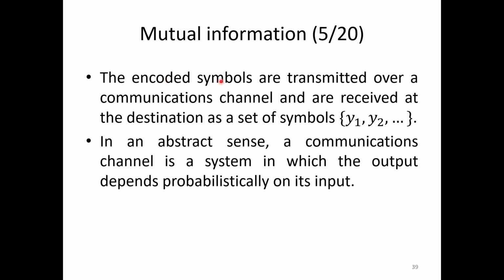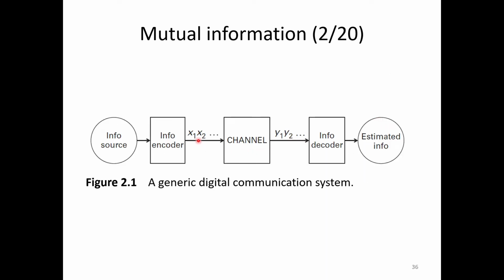The encoded symbols are transmitted over a communications channel and are received at the destination as a set of symbols, small y1, small y2, and so on. Like this, x1 and x2 input to the channel will produce y1 and y2, etc.